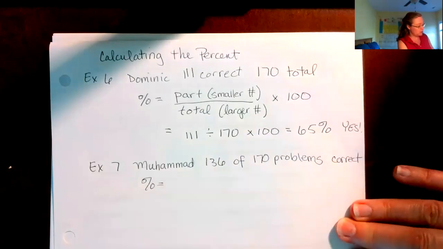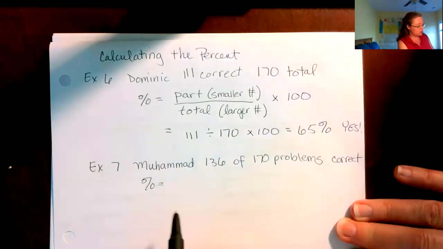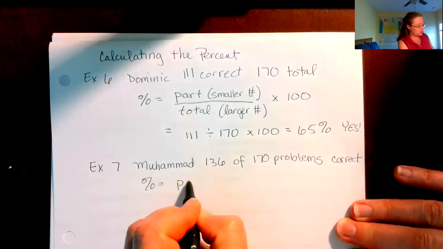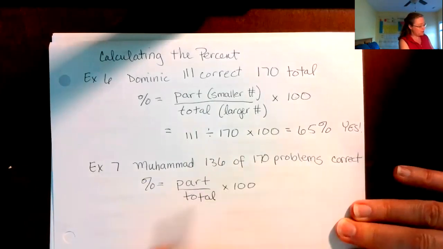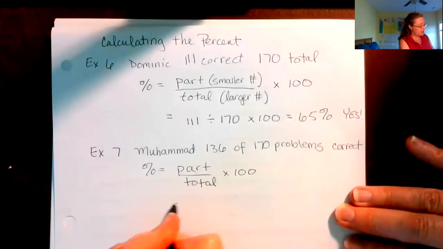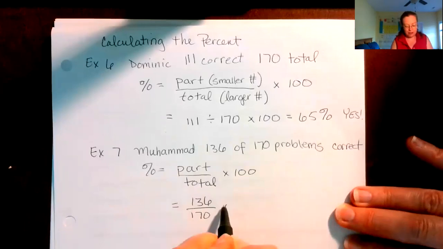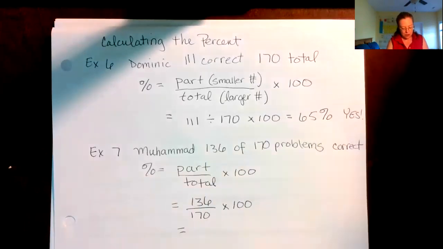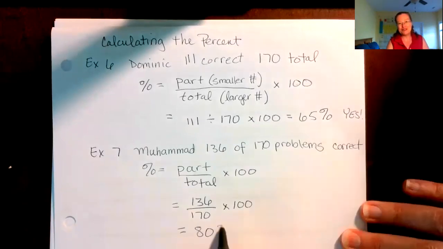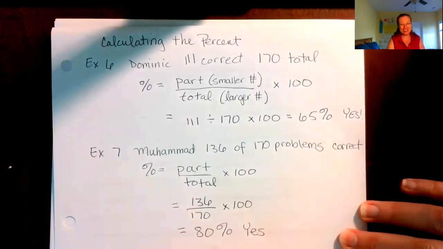Percent is equal to the part over the total times 100. And that means I've got 136 divided by 170 times 100. And if I remember correctly, that's exactly, yep, 0.8. So 80%. So yes, Muhammad, feel free to apply to that school as well. Well done.